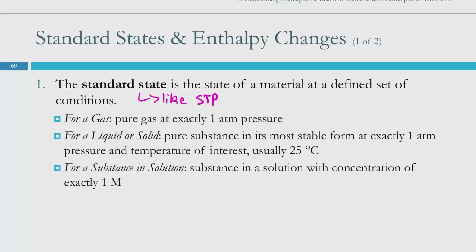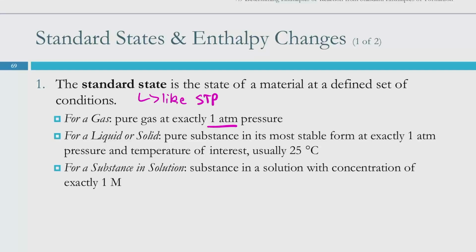This may be giving you some flashbacks to standard temperature and pressure. It's not exactly the same as standard temperature and pressure, but that's the sort of standard that we're talking about. So for a gas, we're talking about the pure gas at exactly 1 atmosphere of pressure. 1 atmosphere, very convenient unit of measurement.